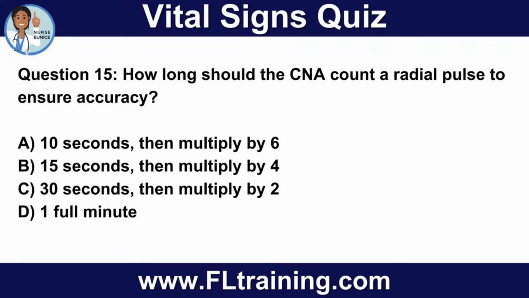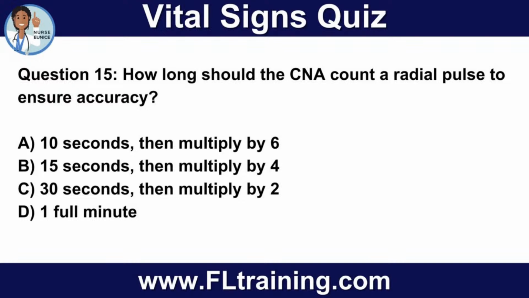Question number 15. How long should a CNA count a radial pulse to ensure accuracy? All right, and that's a lot to say, so I'm not going to say it. Just let me know what you think the best responses would be. You all are doing so great on this practice test.